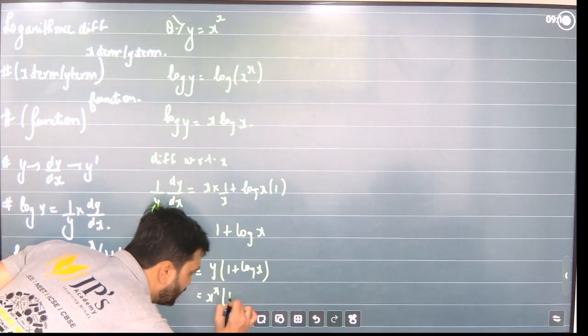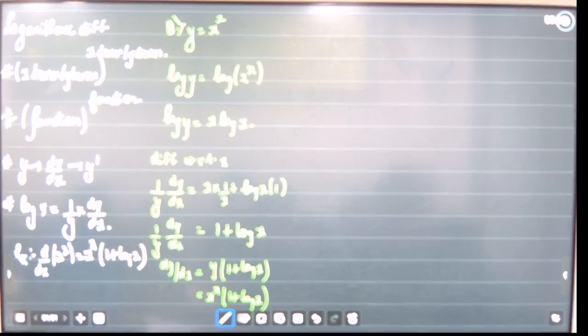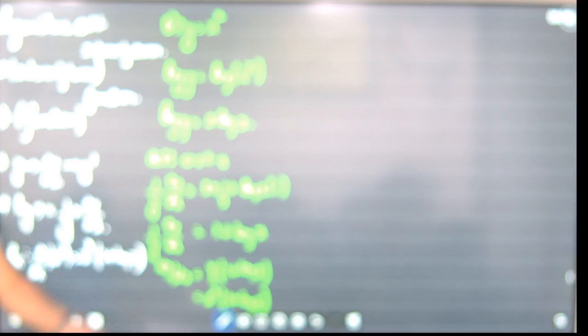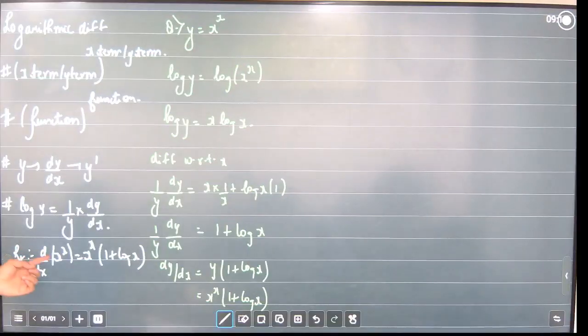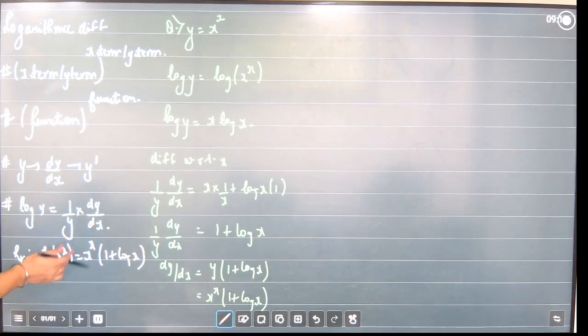So this will become x raised to x (1 plus log x). So we know that the derivative of x raised to x is nothing but x raised to x bracket 1 plus log x. The actual explanation is this entire sum, and this is how we proceed with the sum.